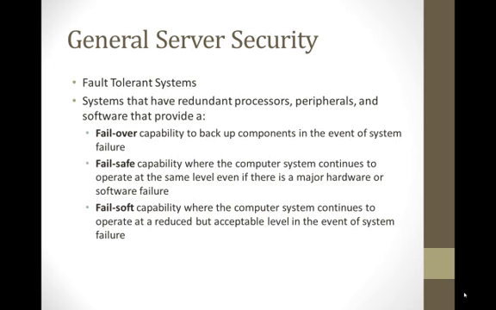Okay. And then there's the fail-soft capability, where the computer system continues to operate at a reduced but acceptable level in the event of a system failure. Okay. And so sometimes what you need is multiple levels of computers working together to make this happen. And the key is, and this gets very sophisticated, types of network administration and server administration.